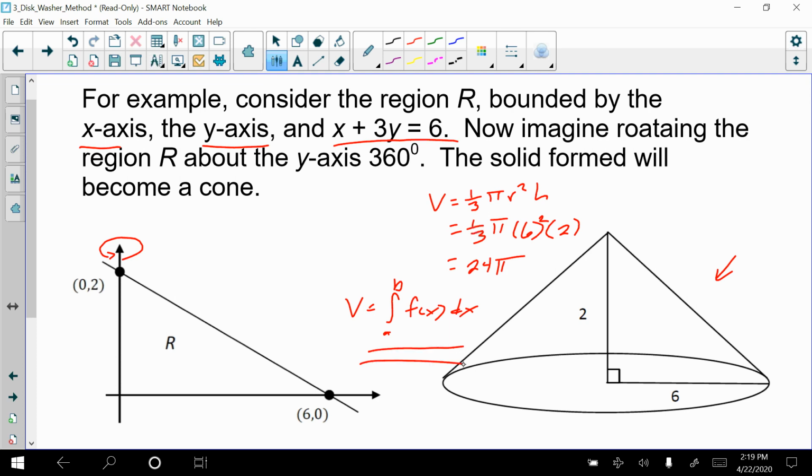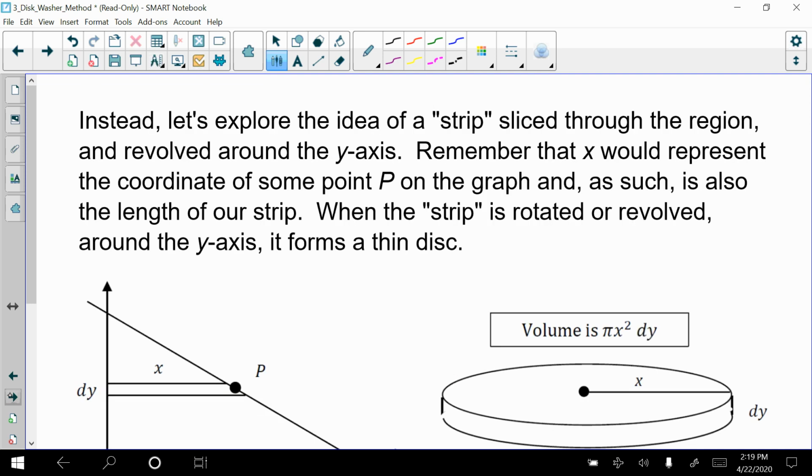And that's why we're going to be looking at this with accumulation for our integration processes.